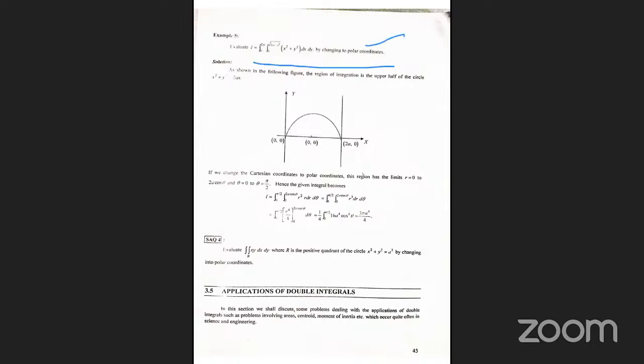Evaluate by changing to polar coordinates. There is dx dy, and we have to change it into the form of r comma theta. This is a function f of x comma y, and we have to change it into a function of r comma theta.